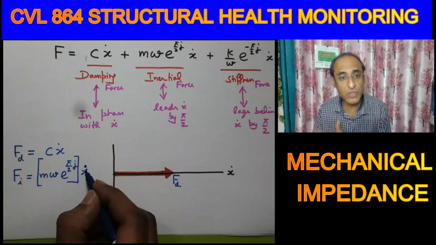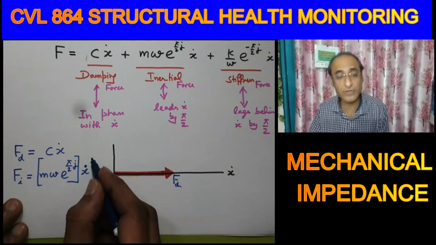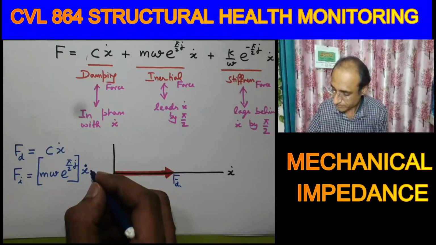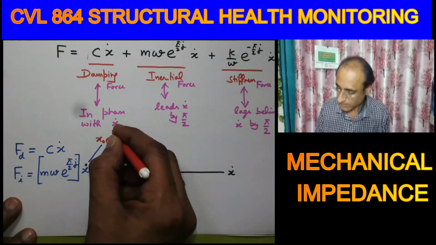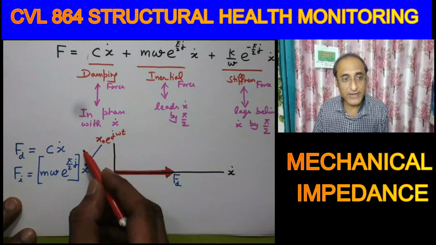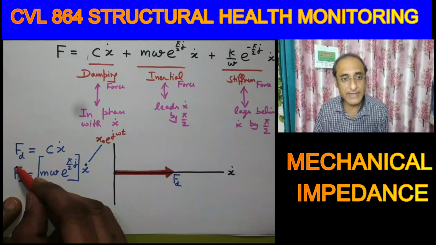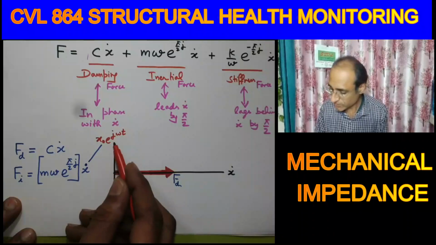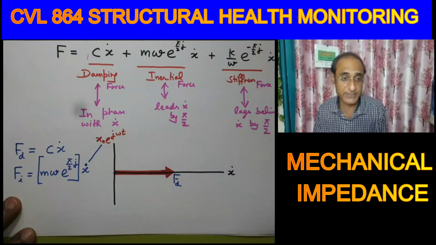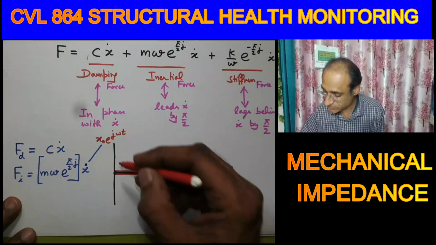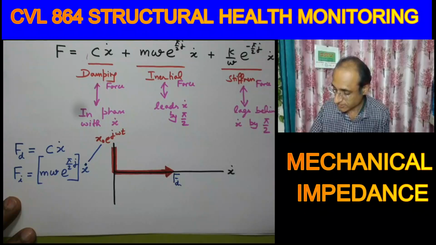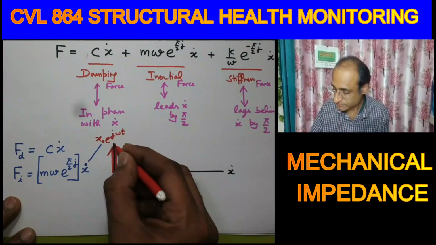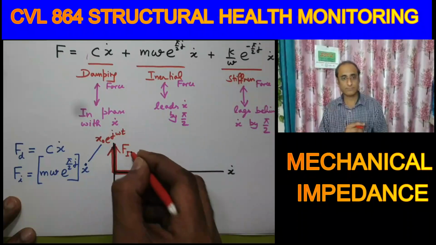If this is x naught dot e to power j omega t, then when we write the expression for the inertial force, there will always be an addition of pi by 2. So I am drawing the inertial force like this. Clear till now?